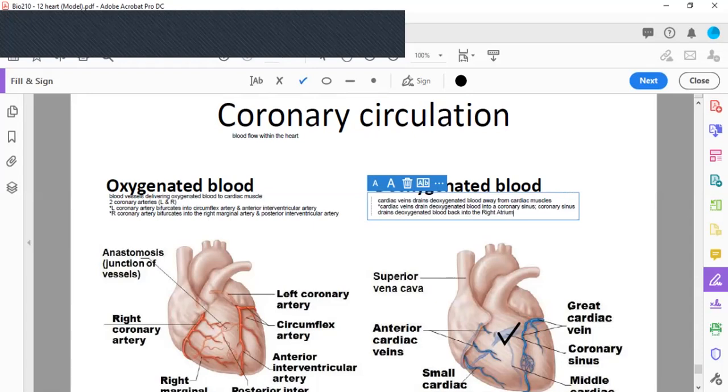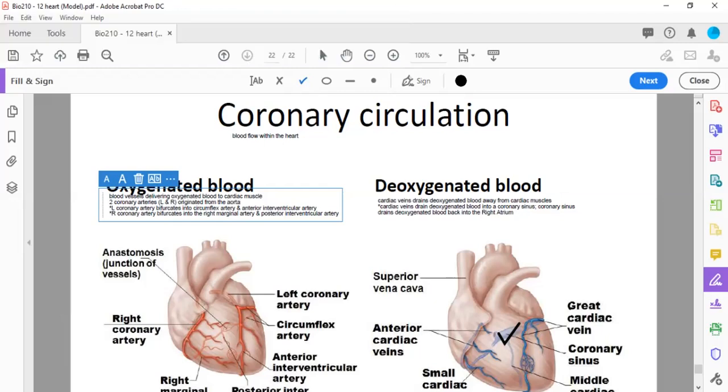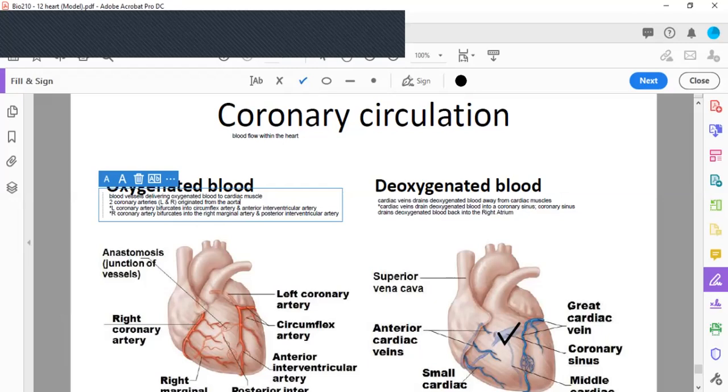Once again, I want you to know that the two coronary arteries originated from the aorta. You can see in this image we have the left coronary artery coming from the aorta, so I would type this in as the aorta right here.